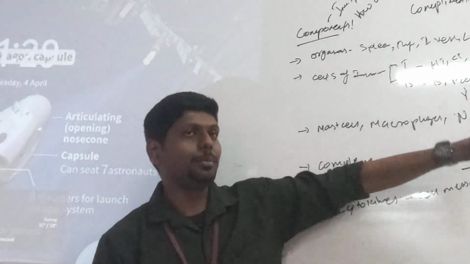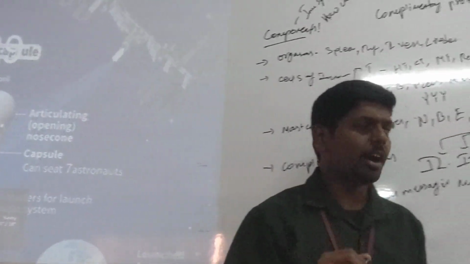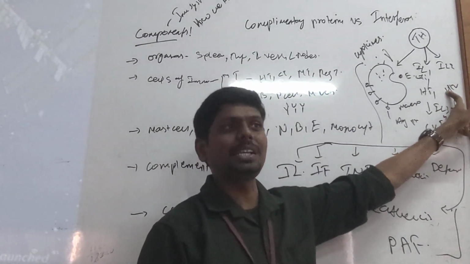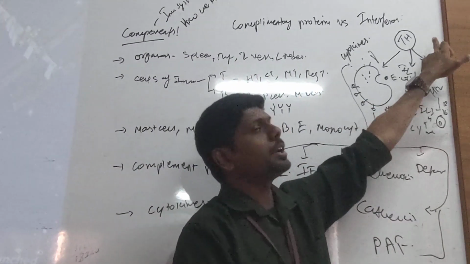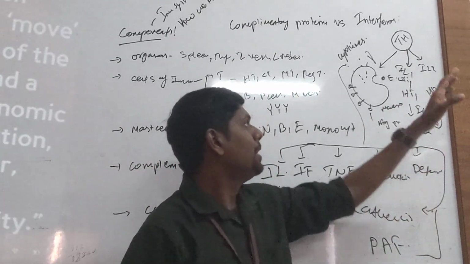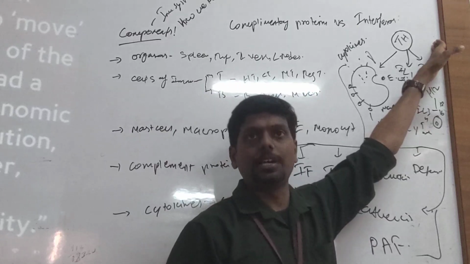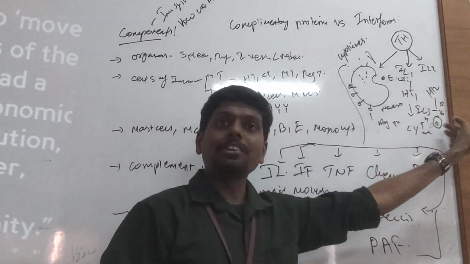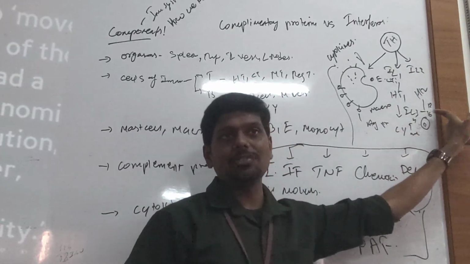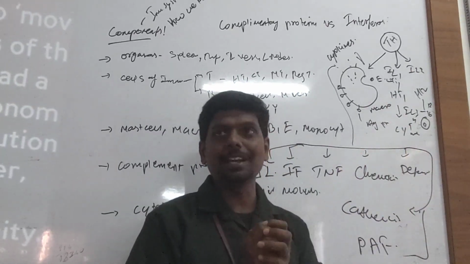If we understand their communication system, say for example, I need to activate the patient's cytotoxic T cells, but my patient's helper T cells are reduced. I got a condition where the patient's helper T cell count was reduced, and I need to activate the patient's cytotoxic T cells. Without helper T cells, I cannot activate cytotoxic T cells. Am I correct?